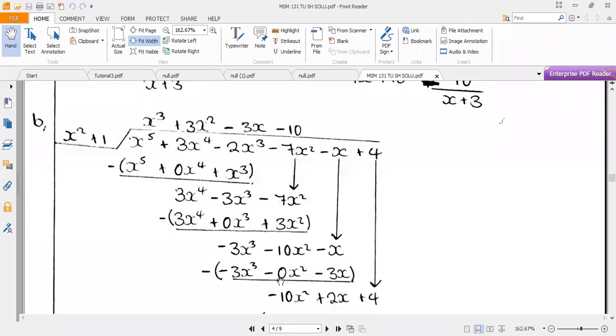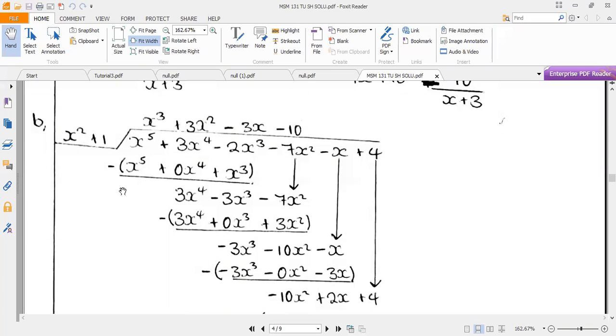And again, we don't have x squared, so we introduce a 0x squared, so that when you subtract them, you have negative 10x squared plus 2x, because negative x minus minus 3x will be positive. So it will be 3x minus x, which will be plus 2x. We drop the 4, which is plus 4. So negative 10x squared divided by x squared will be negative 10.